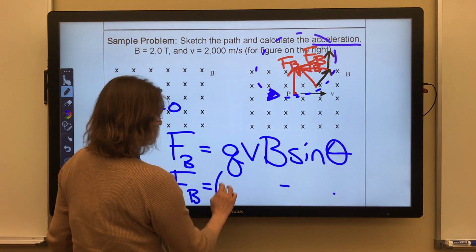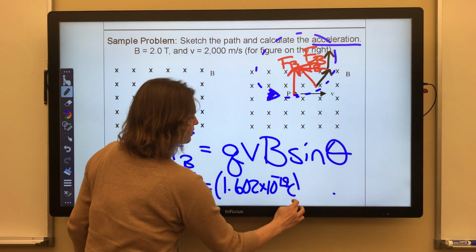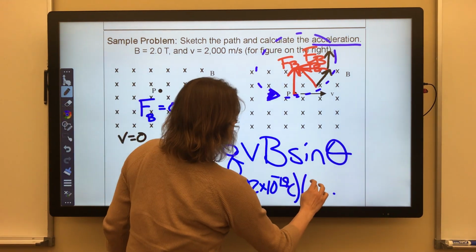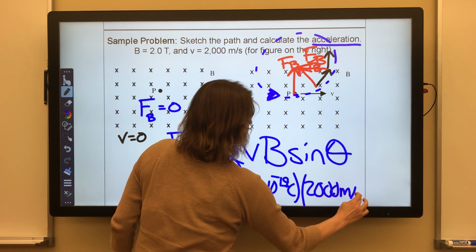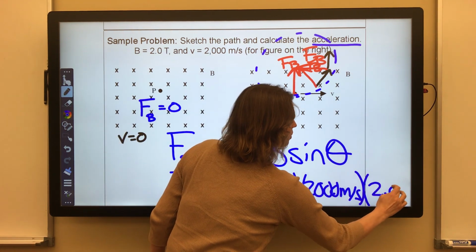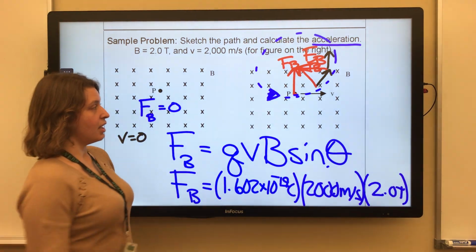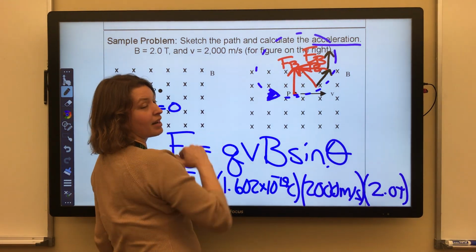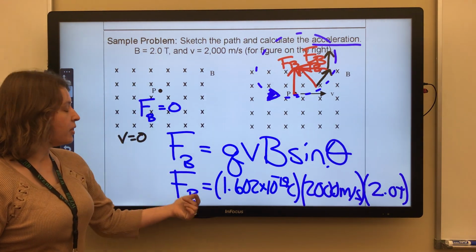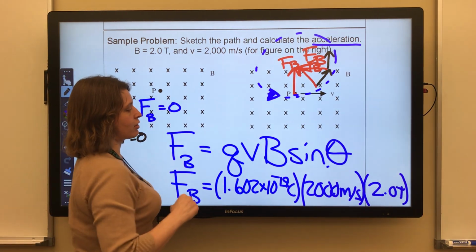Maybe it's the charge on a proton, 1.602 times 10 to the negative 19 coulombs, multiplied by V, which is 2,000 meters per second, times B, which is 2 Tesla. Sine of theta? Well, that's the angle between V and B. And as drawn, that should be 90 degrees, so sine of theta should give you 1. But you can find the magnitude of the force using this equation. You can use the right-hand rule to find the direction.